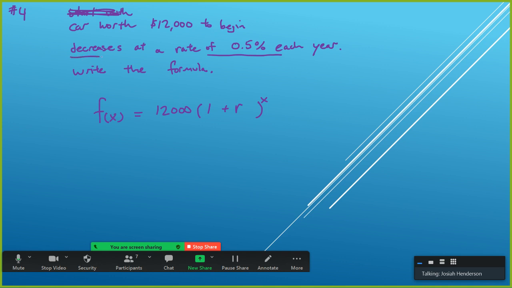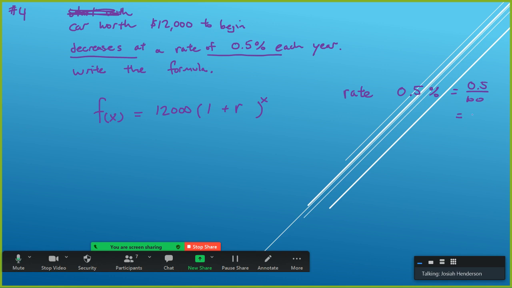But remember, it's decreasing. So let's figure out what the actual decimal will be. 0.5%, convert the percentage by dividing that number, all of it, over 100. 0.5 over 100 is 0.005.